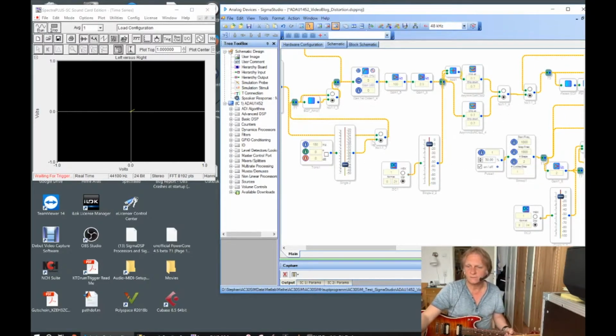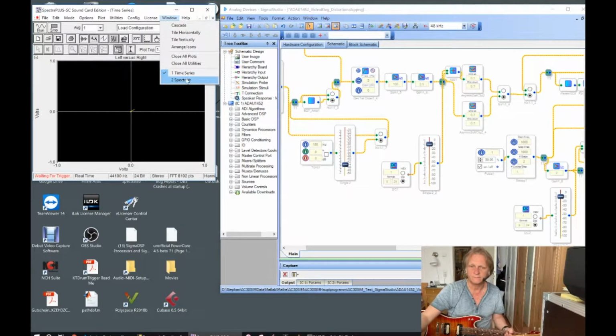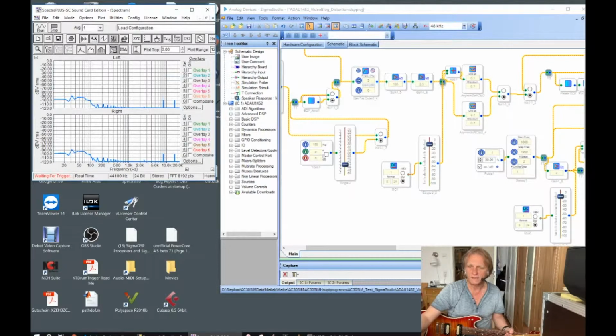So let's first look at the sine wave spectrum. Go to spectrum and switch this on. You can see the spectrum here of the symmetrical clipping device, and as you see, when the distortion comes, you see 150 Hertz, and this is K1, and here is K3, K5, K7.